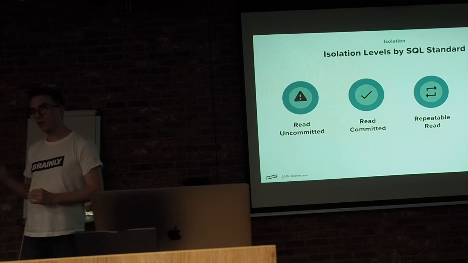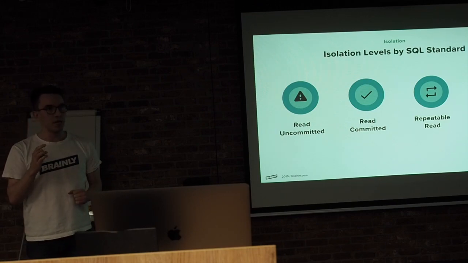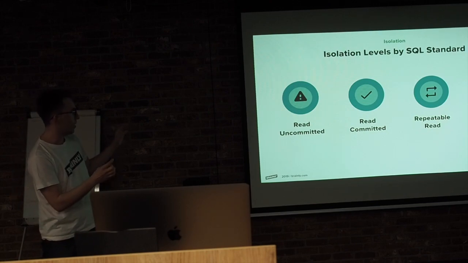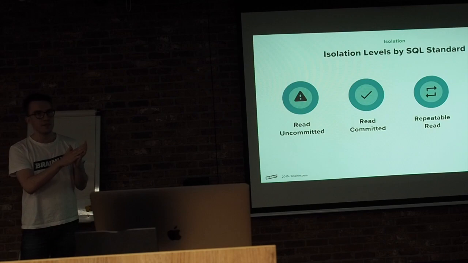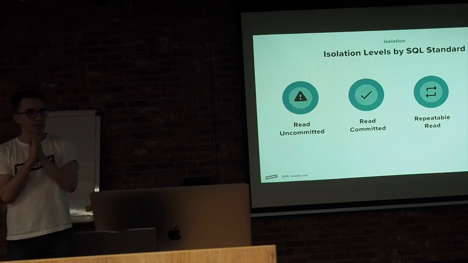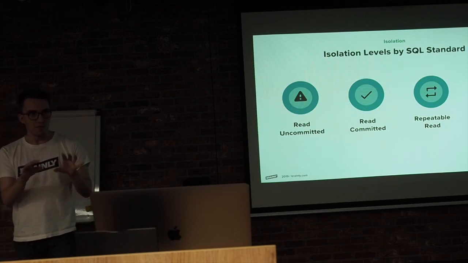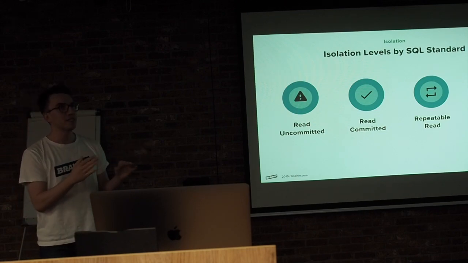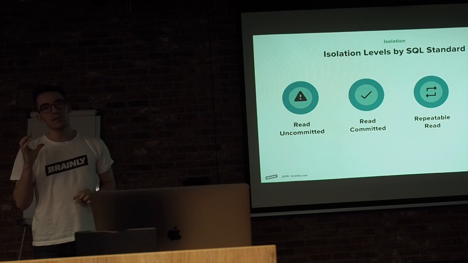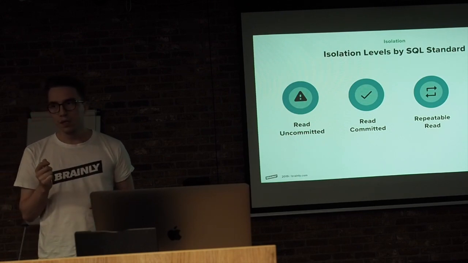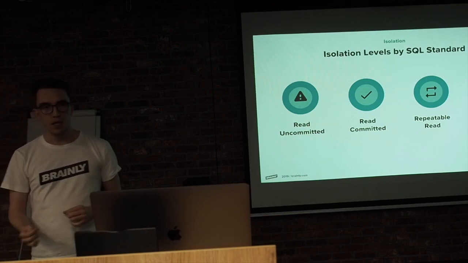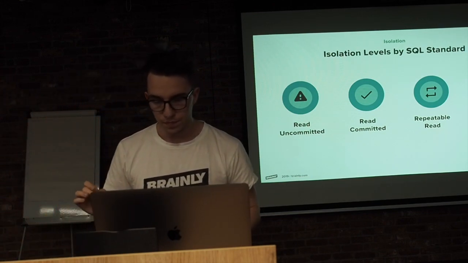We have 4 levels, but for read uncommitted there is no guarantee at all, though any database can still implement it with a higher level. You will see in examples later.